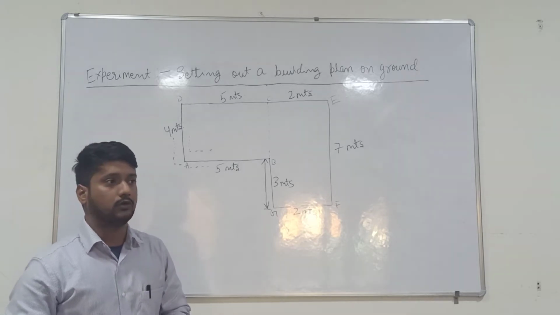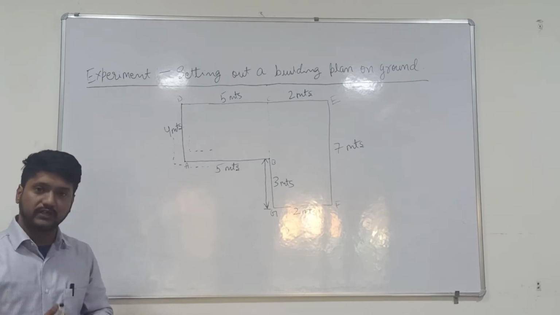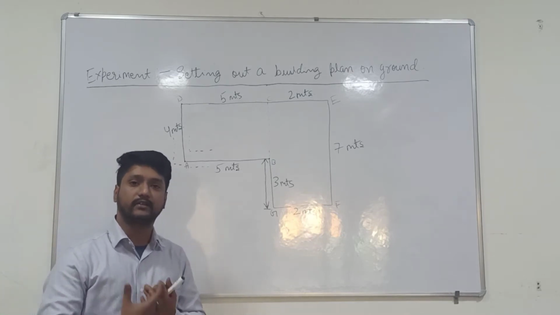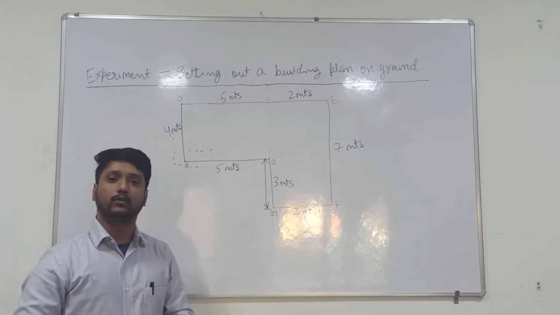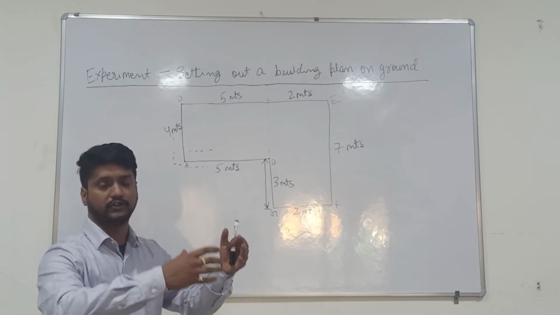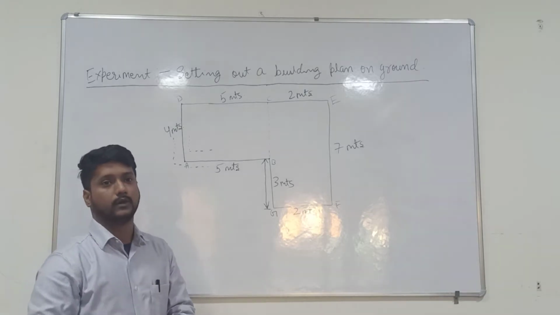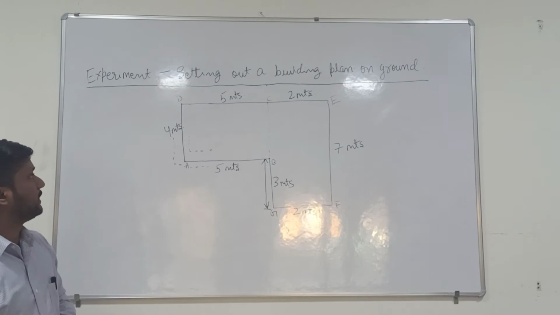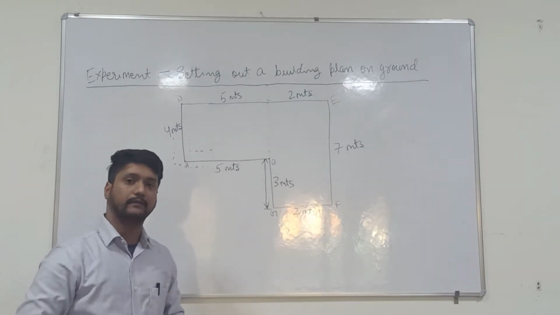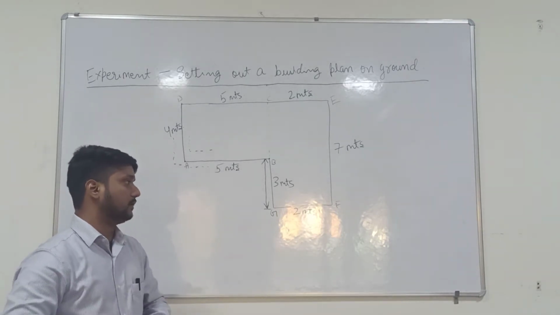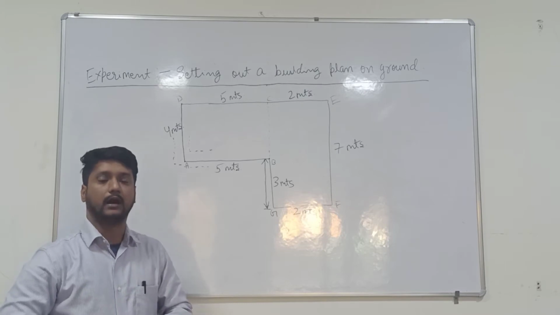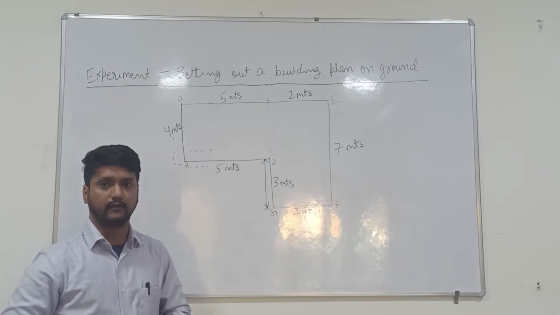So the whole procedure, the whole different concept, has to be applied here in order to transfer what we have on the sheet or on the map to the ground. This procedure is setting out a building plan on ground, and we'll start with the steps and how to actually achieve this plan on the ground.